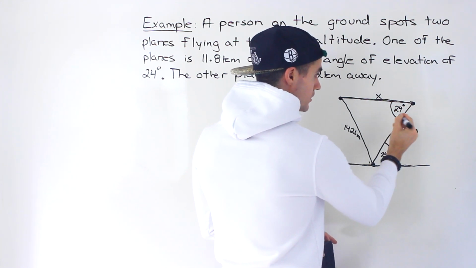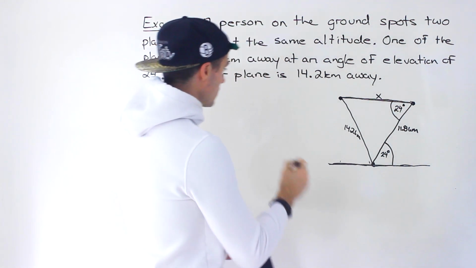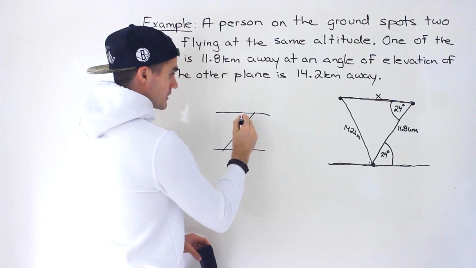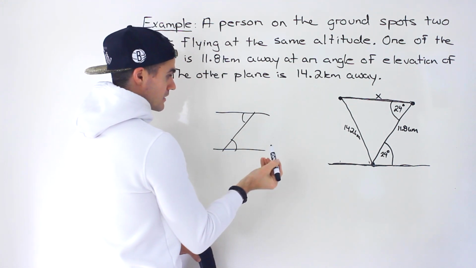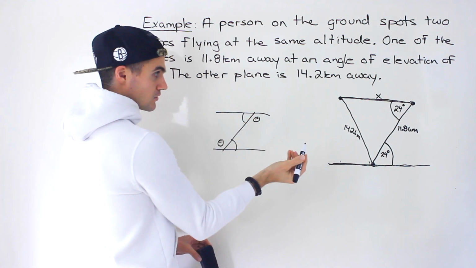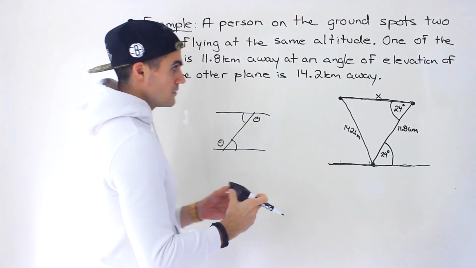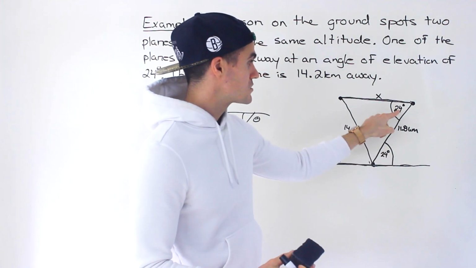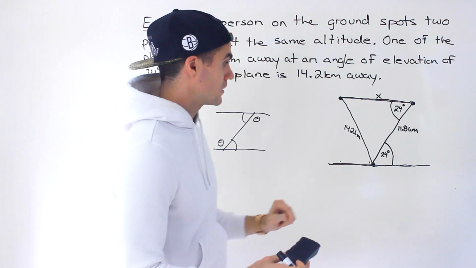So this angle here is 24 degrees. Whenever you've got two parallel lines, this angle and this angle are going to be the same. Because they're flying at the same altitude, this line and the ground are parallel, so we know that that's 24 degrees.